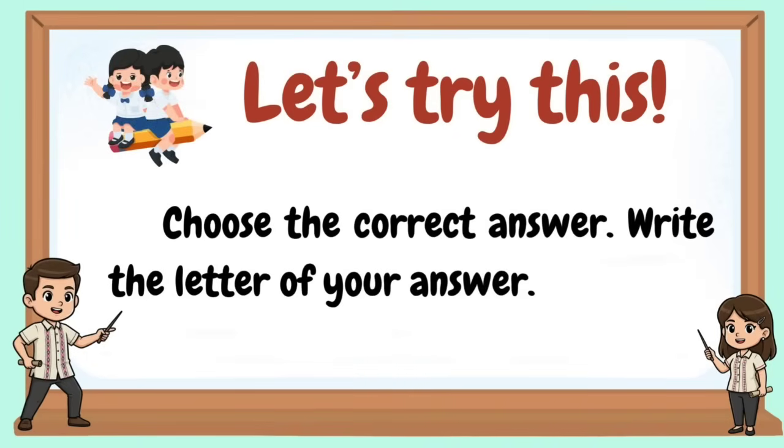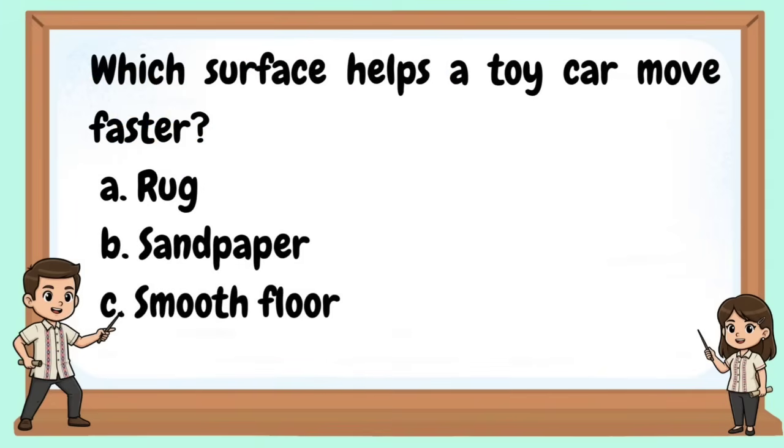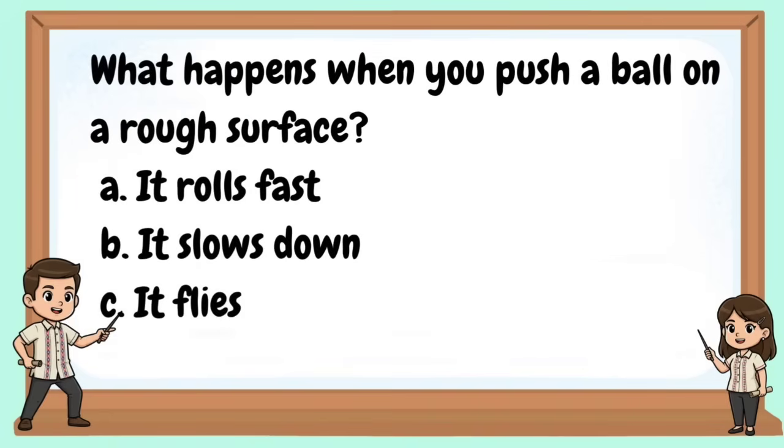Let's try this. Choose the correct answer. Write the letter of your answer. Which surface helps a toy car move faster? What happens when you push a ball on a rough surface?